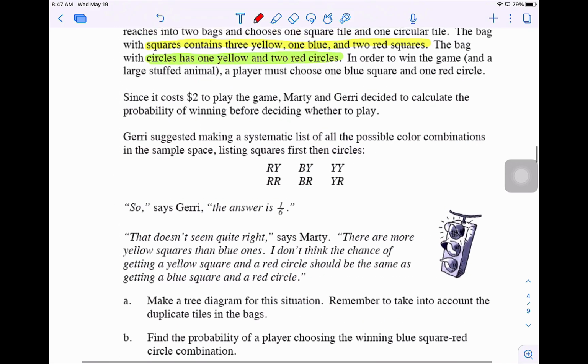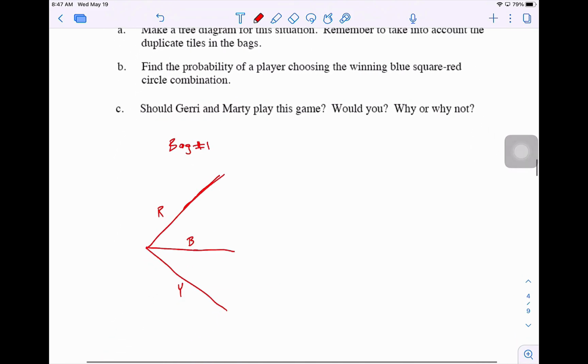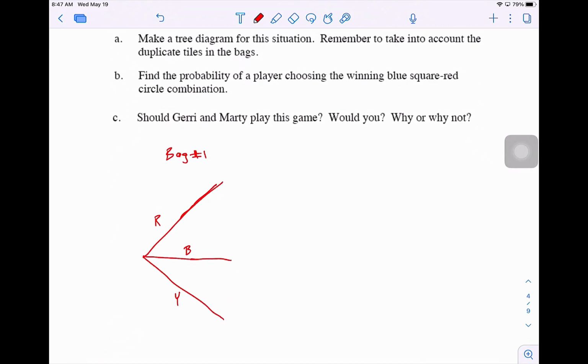What could happen? What are the outcomes? What are the possibilities when he reaches into the circle bag? He's got not yellow, blue, or red. He's got either just yellow or red circles in that one. So there are 3 options in the first one and only 2 options in the second one. So from here, it could be yellow or red.